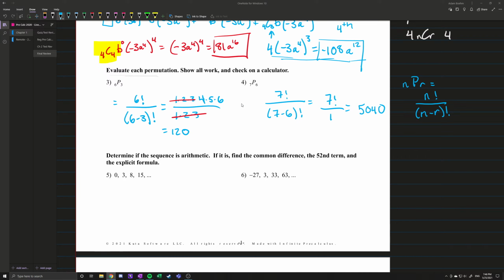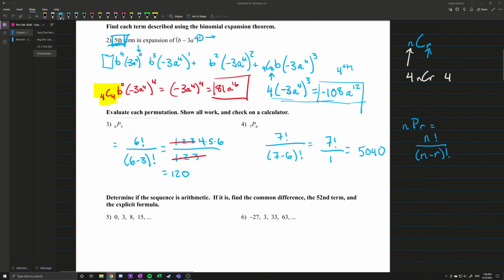So 3 and 4 should be easy. Same with number 1. Number 2 is going to be a little bit trickier, but hopefully if we just know how each term works, and then what we're actually looking for, it should be straightforward.